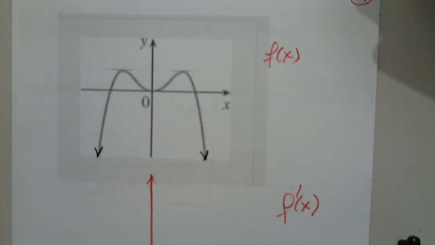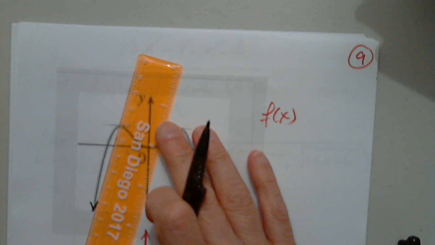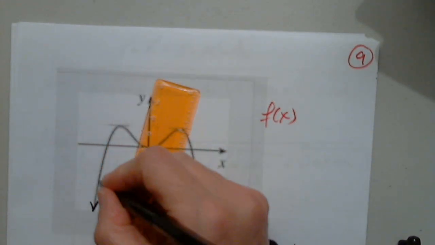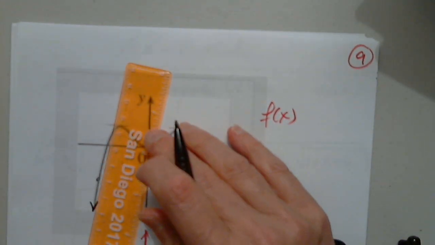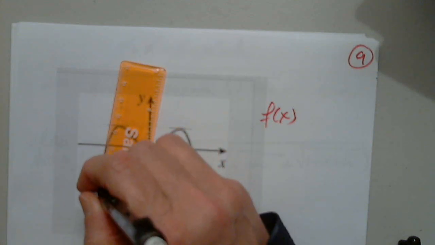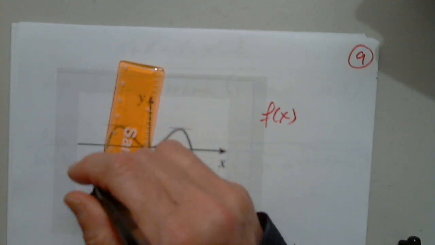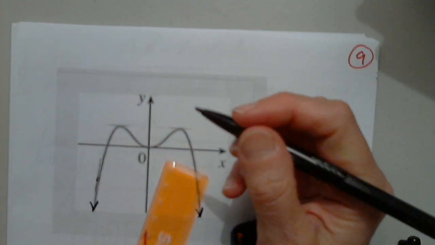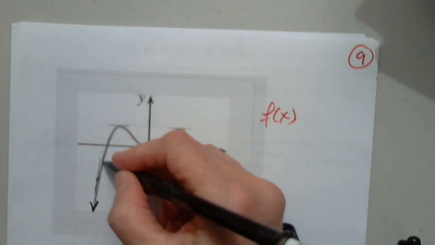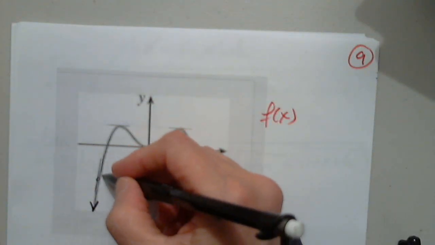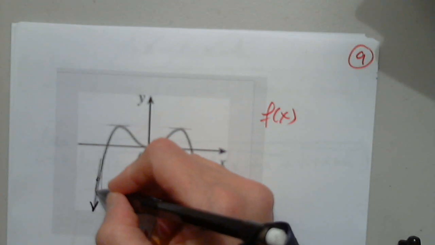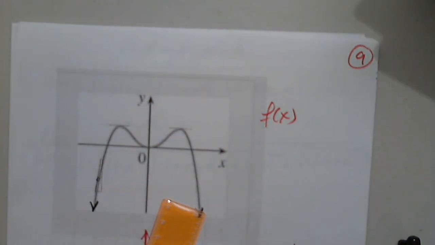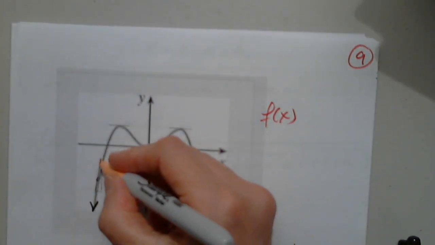Okay, next. I'm going to look at several points. So let's say at this point right here, I draw the tangent, and I try to form a right triangle using that tangent.